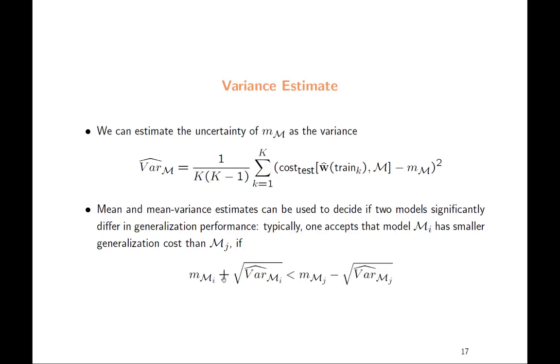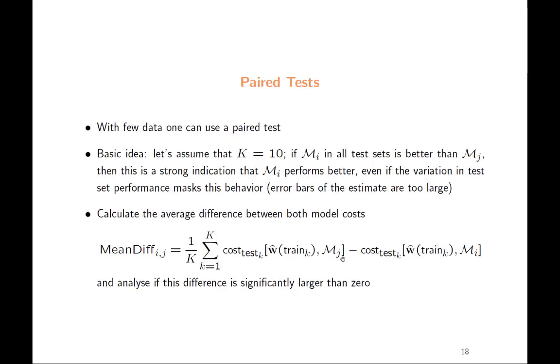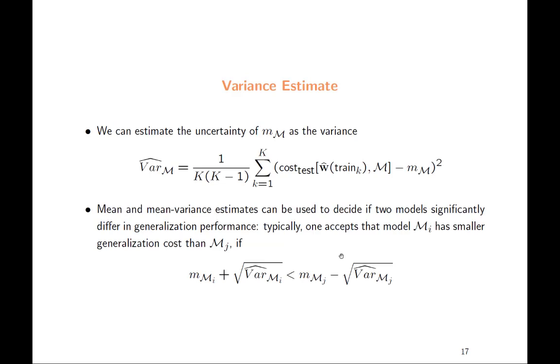So the mean plus the standard deviation is smaller than the mean minus the standard deviation of the other model, which means that these error bars don't overlap. Then we can say, okay, this model gives you better performance. And this is what we are typically doing, and hopefully we don't see any overlaps in the error bars. Now the error bars are the square root of the variance.